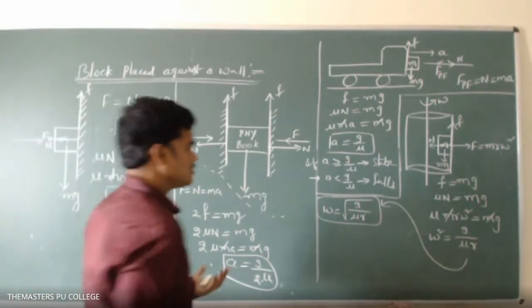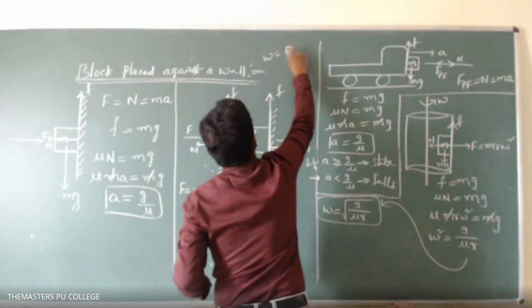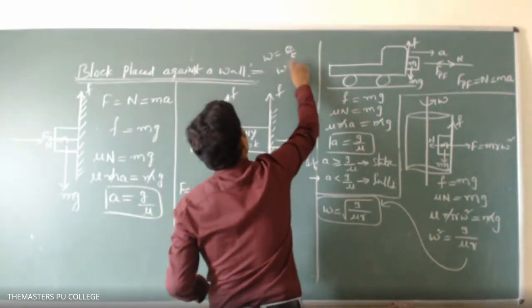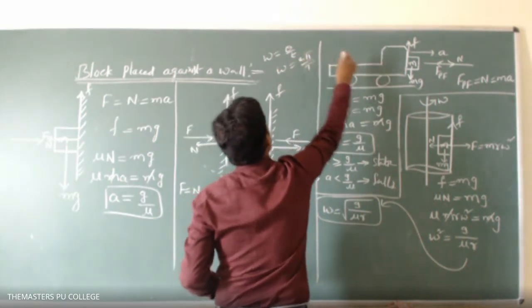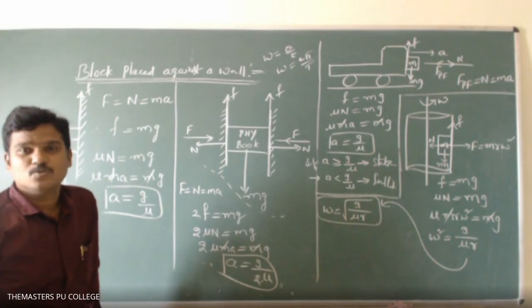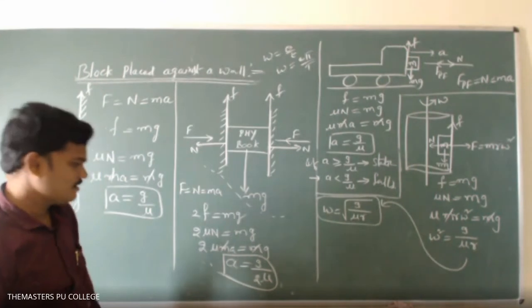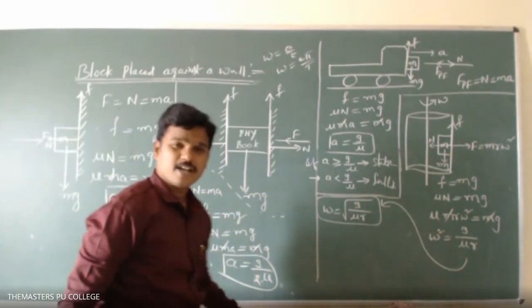And see, omega is nothing but the rate of change of angular displacement. We can write omega as 2 pi by T. Basic formula. What is that T? Anyone remember the name, like time period?